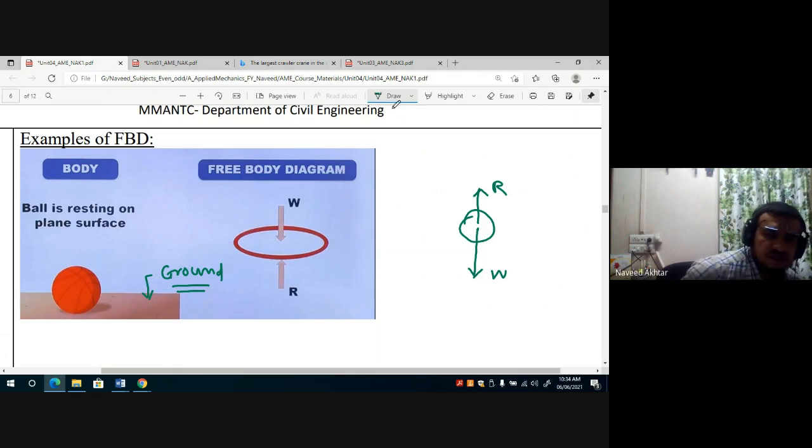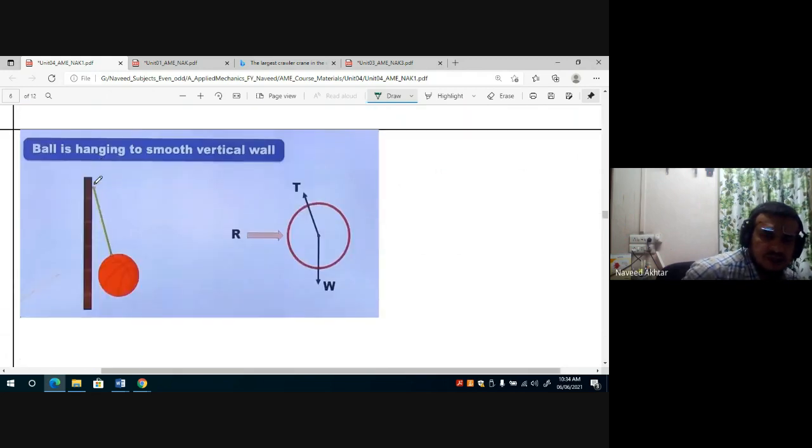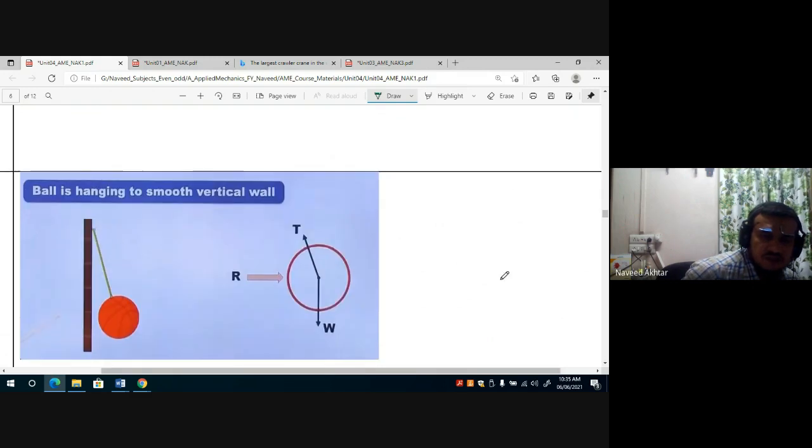Similarly, in the second example, the ball is hanging on a smooth surface. This is the ball, attached with a string, and it has self-weight. What is the free body diagram?